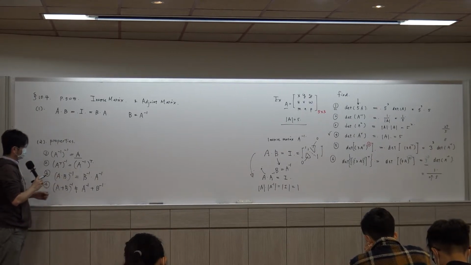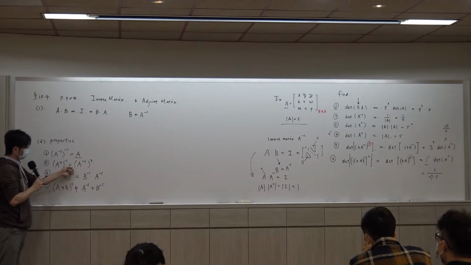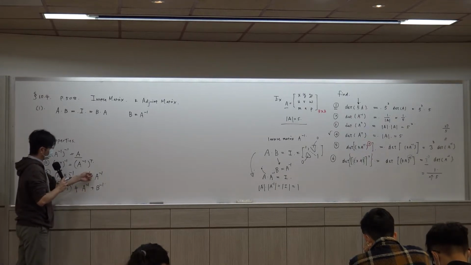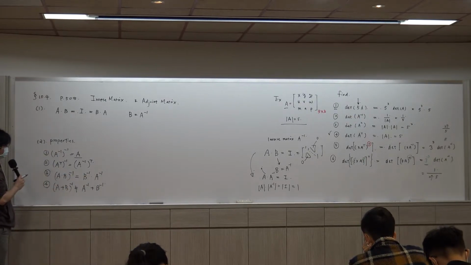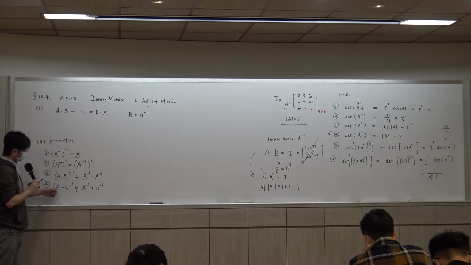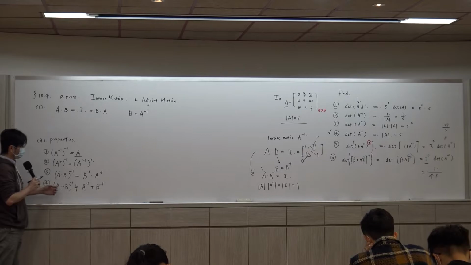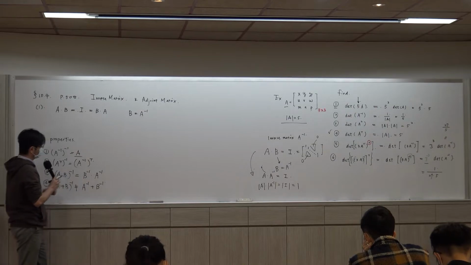For two matrices A and B, A times B, then inverse equals B inverse times A inverse matrix. And property number 4, the matrix A plus matrix B and perform the inverse is not equal to A inverse plus B inverse.